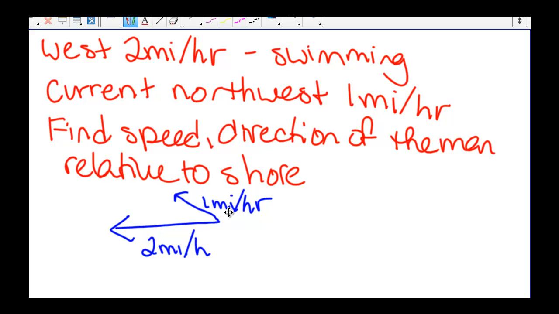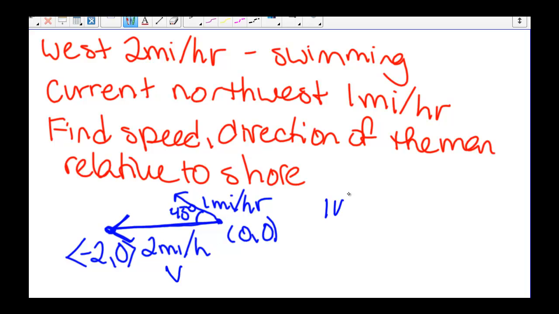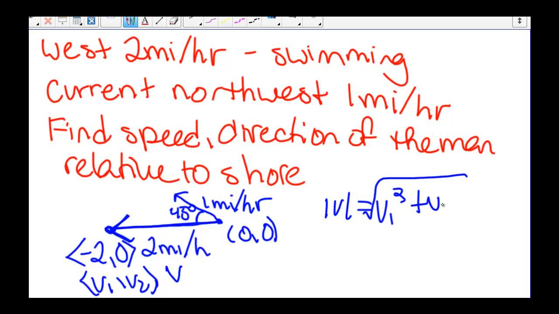So let's say that this is the point 0, 0. If we needed a vector of length 2, then this point would be -2, 0, because we're heading west. We know that the length of this vector has to be 2, so if we call this vector v, the length of v is going to be the square root of v1 squared plus v2 squared.